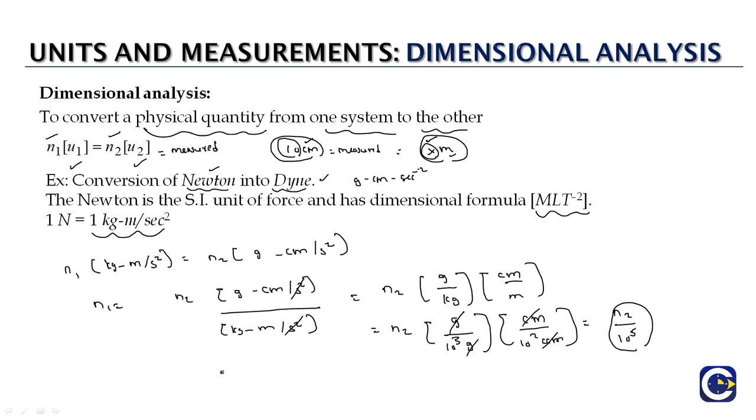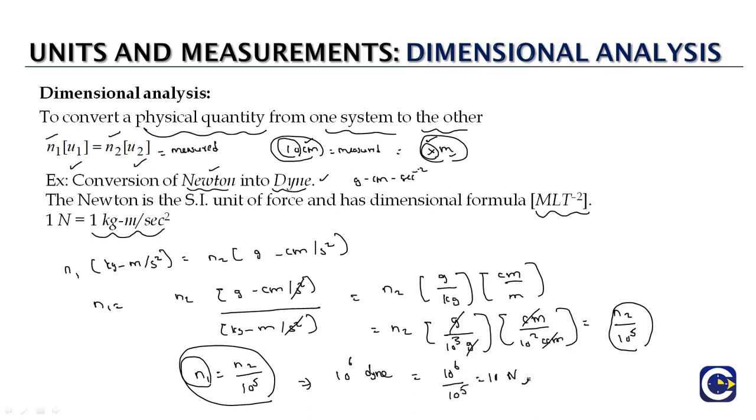So the value of force N1 in the SI system, which is Newtons, will be equal to the value in dynes divided by 10 power 5. Which means if I have a force of 10 power 6 dyne, the value in the SI system will be 10 power 6 divided by 10 power 5, which is 10 Newtons.